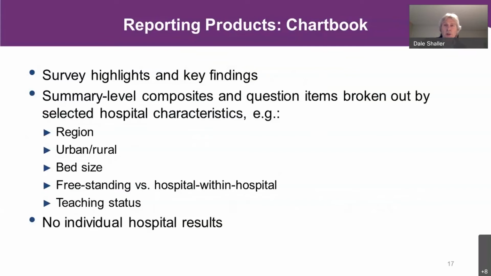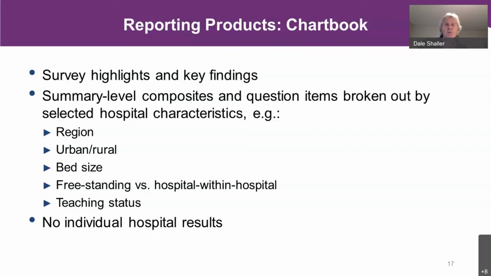So I mentioned in general what the Chartbook is designed to do. And so we're envisioning a Chartbook for this first year of Child HCAHPS survey data that would highlight key findings, present composites and question items broken out by certain characteristics that we've learned in talking to a number of children's hospitals in a period of outreach that we've been doing in the early part of this year.